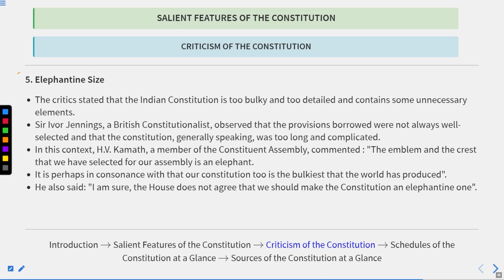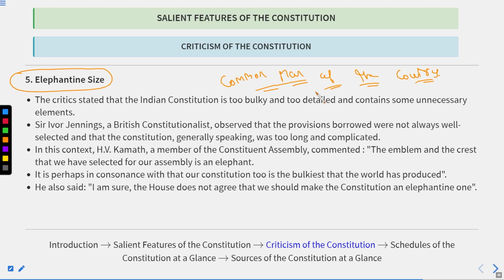Thereafter, the elephantine size. The critics state that the Indian constitution is too bulky, too detailed, and contains some unnecessary elements. It means that it is hard to understand the constitution by general people, or you can say by the common man of the country. All right.